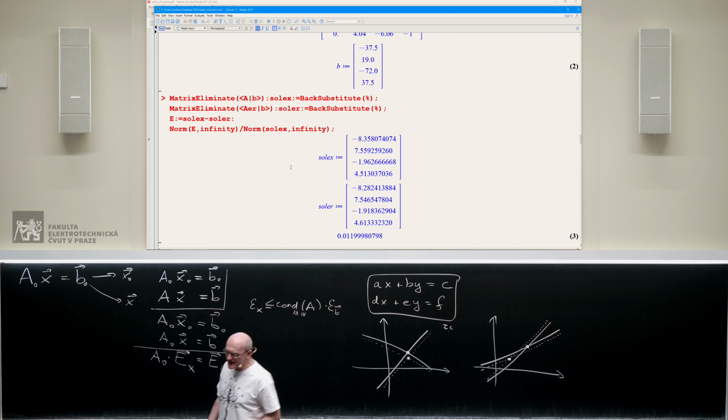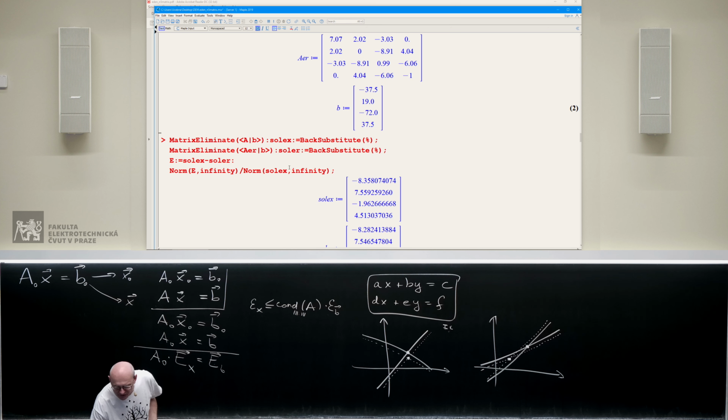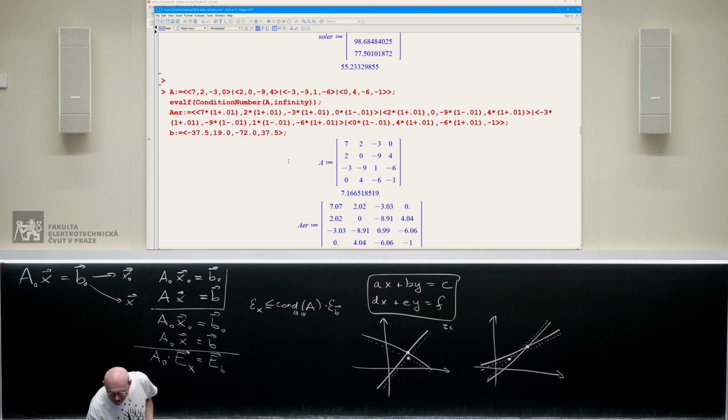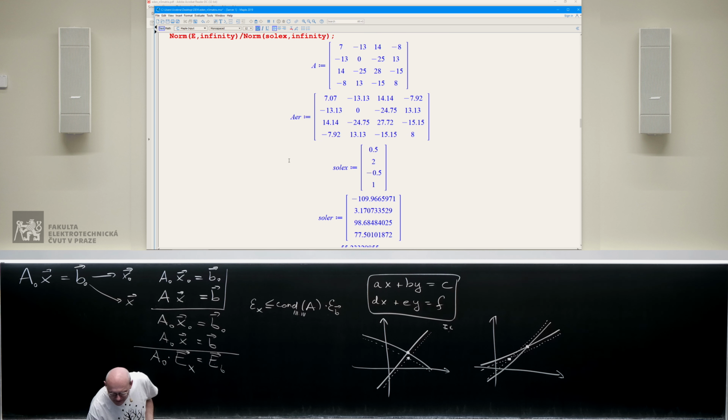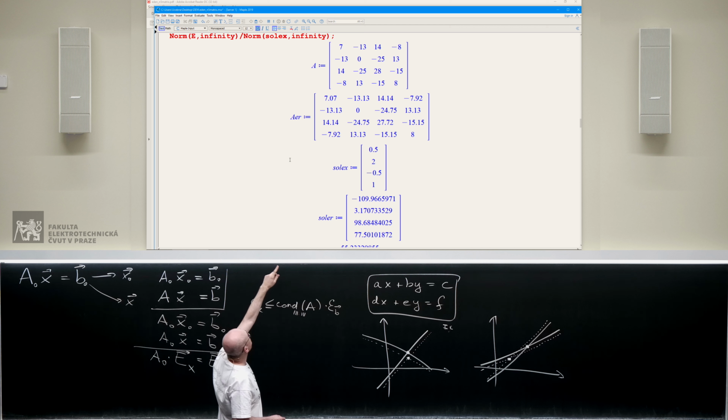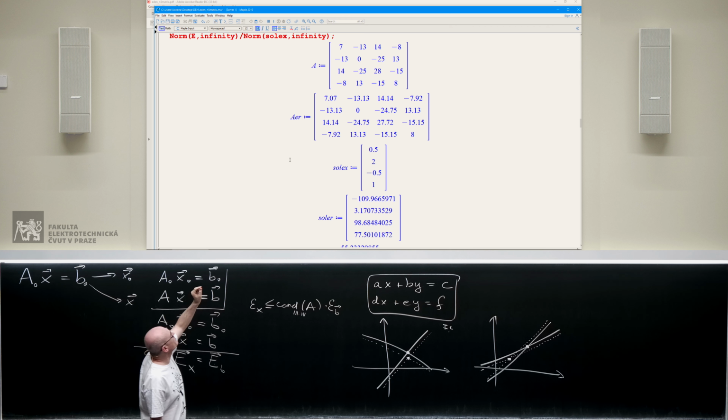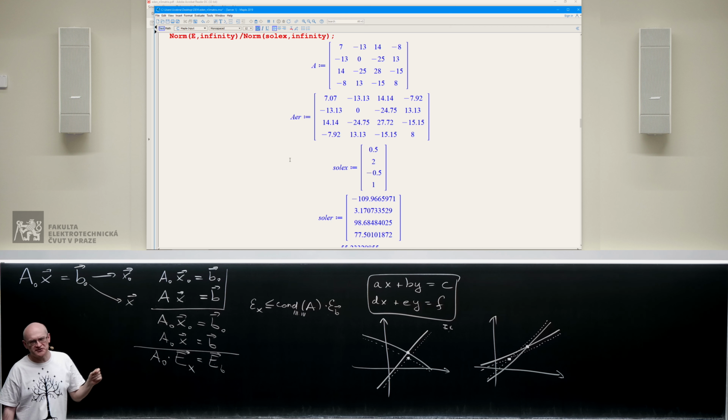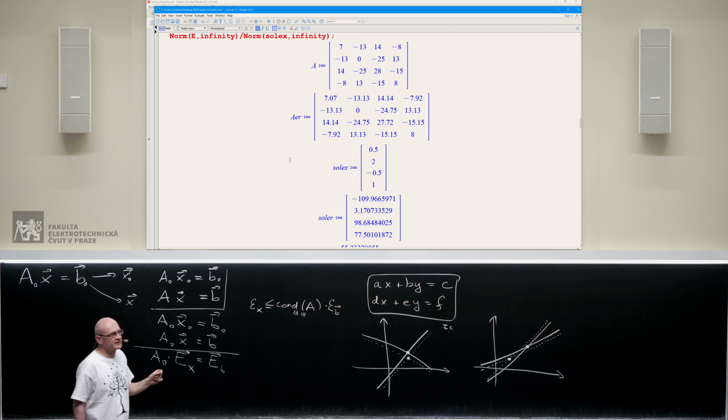So let's have a look back at our 4x4 system, the one which was bad. Where is it? Over here. Now we see it on the top. When I look at the first row and at the third row and compare them, I can see that the third row is almost precisely double of the first row. Almost.